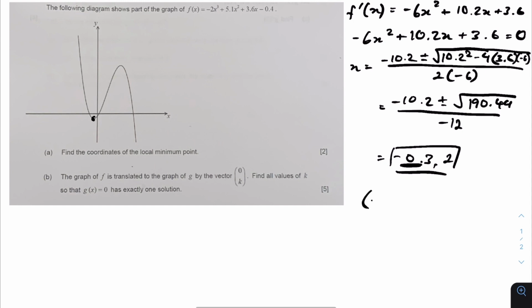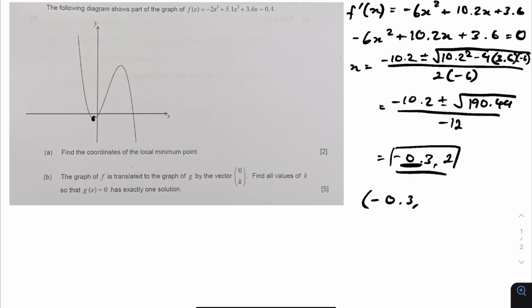And when x is negative 0.3, we can just substitute it back into the original equation to find the corresponding y value, which gives us, just putting it into my calculator, negative 2 times negative 0.3 cubed, plus 5.1 times negative 0.3 squared plus 3.6 times negative 0.3 minus 0.4.